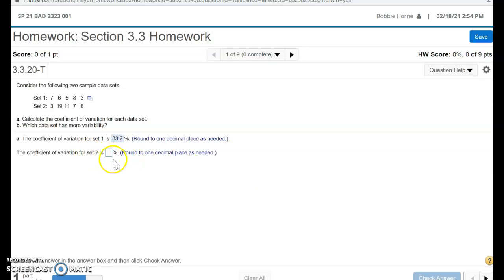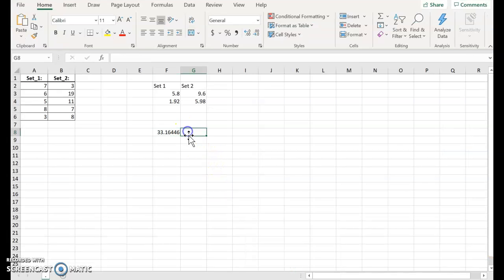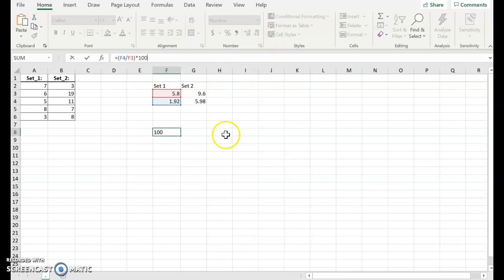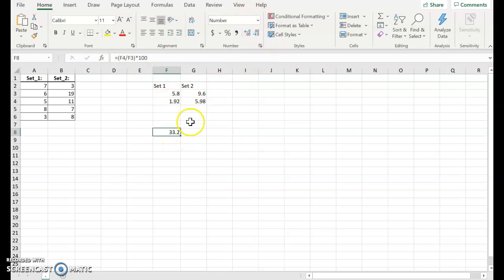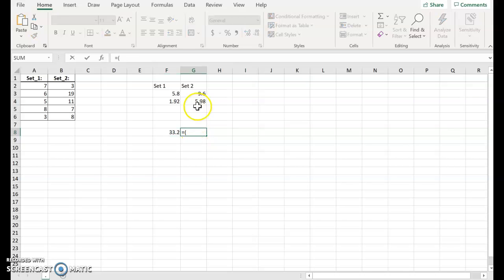Okay, so let's do the second one. We're going to, and you could have let Excel round it for you. Excel does so many cool things. Alright, so for this one, we're going to do equal, and we're going to do the standard deviation divided by the mean, and we're going to times that by 100.